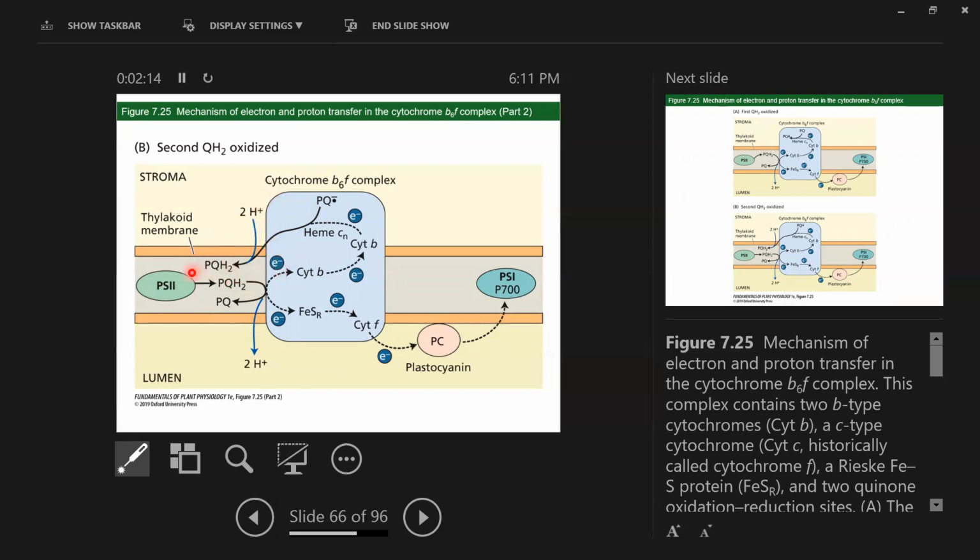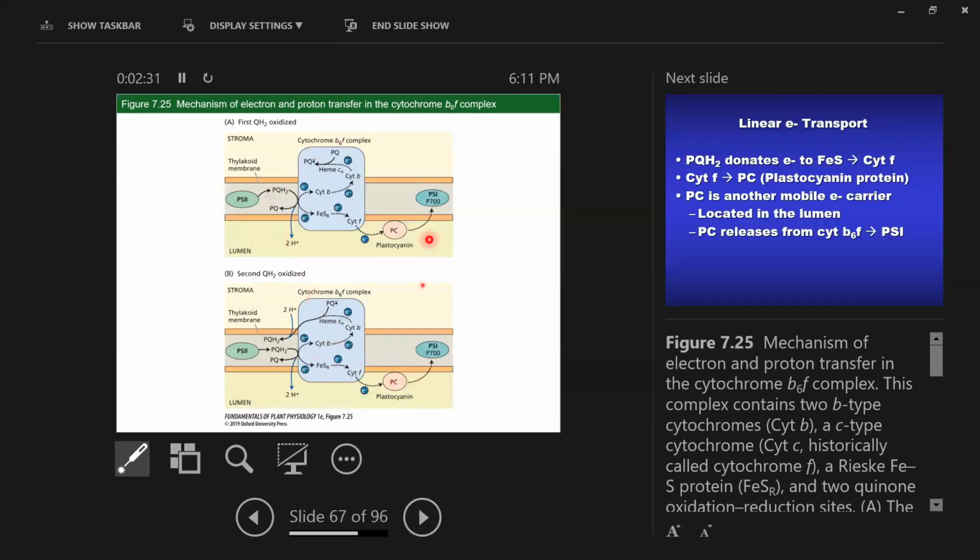And in that process, a couple of key things, right? So first we have the two PQH2s that release off of photosystem 2 and migrate over to cytochrome B6F. They're dumping their protons. So here is put together the first PQH2 on top, the second PQH2 on the bottom. So you can see there's protons getting dumped, so to speak, into the lumen by the first PQH2.